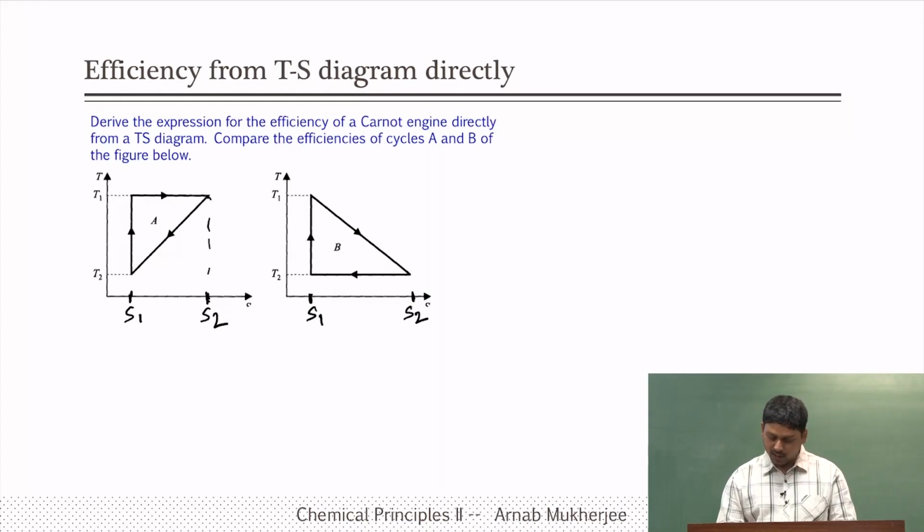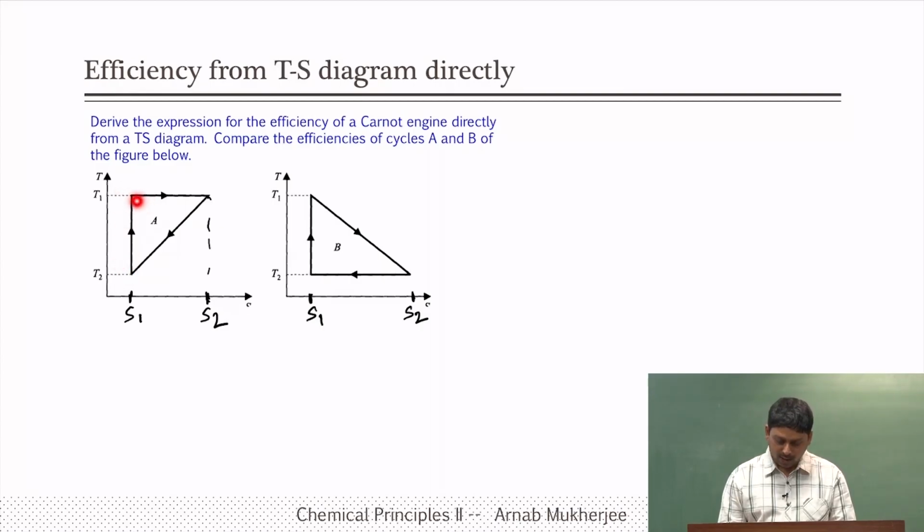Now, let us calculate for cycle A. If I start from here to here, there is no change in entropy. So temperature increases, but entropy remains constant. This is an adiabatic step where no heat input or output takes place.